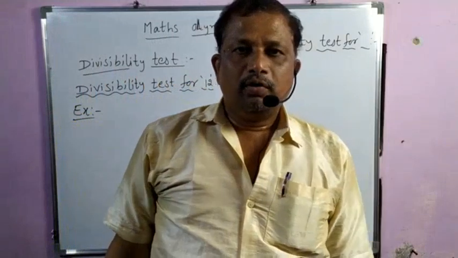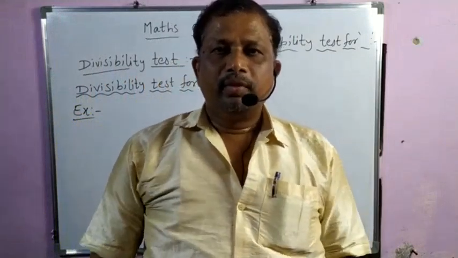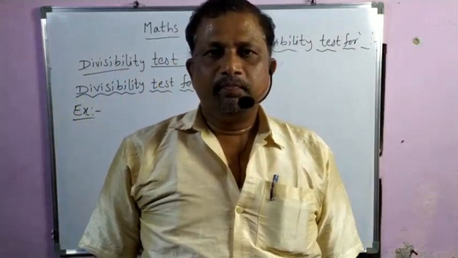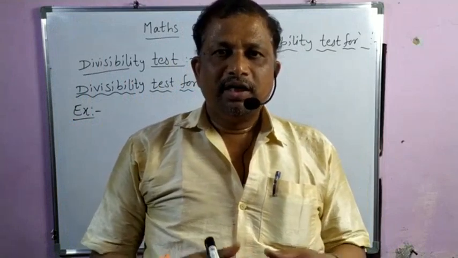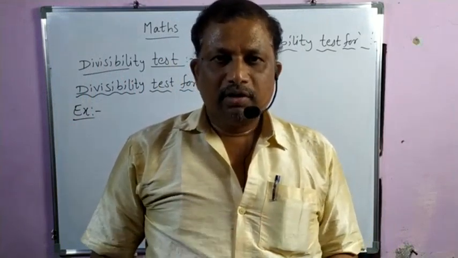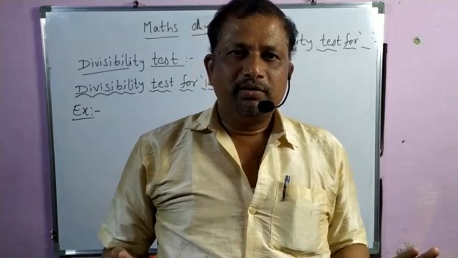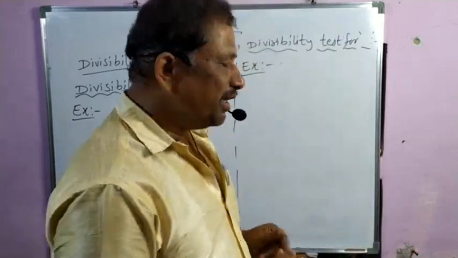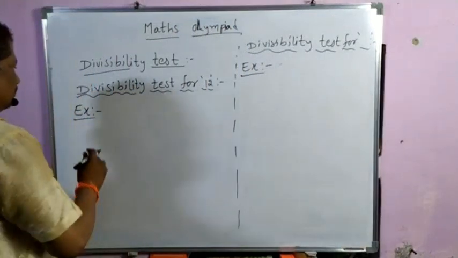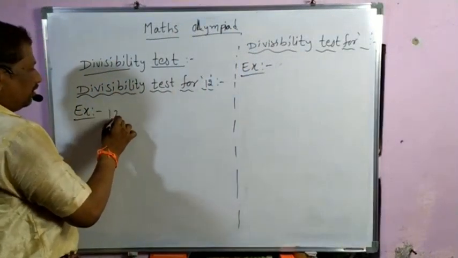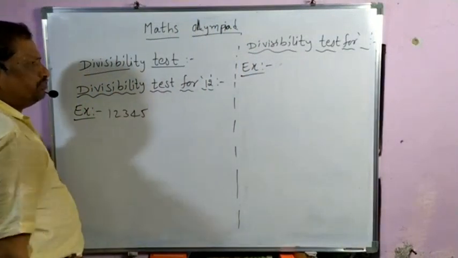The rule for the divisibility test for 12: the factors of 12 are 4 and 3. If the given number is divisible by 3 as well as 4, then that number is divisible by 12. So let us prove this by taking one example. One number we will take: 1, 2, 3, 4, 5.